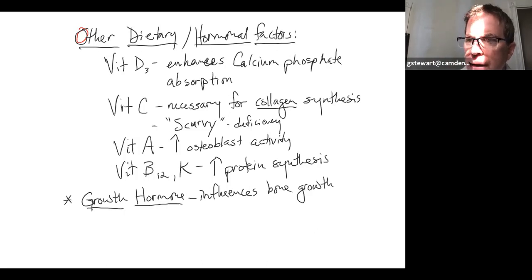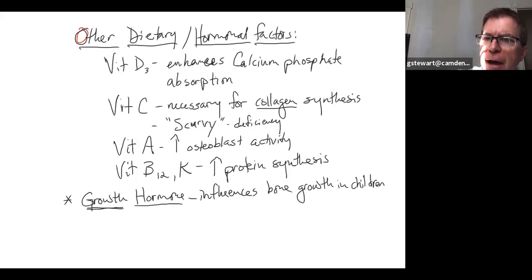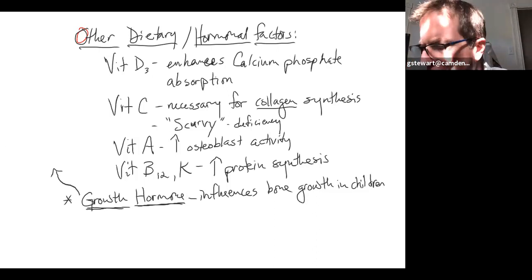before puberty. So that sort of slow, steady growth that children progress upon from birth to their teens, growth hormone is the major factor influencing those years of bone growth. When I said I'm not sure if they tell you this or not, I'm just going to mention how this works. This hormone is released from the anterior pituitary of the brain.